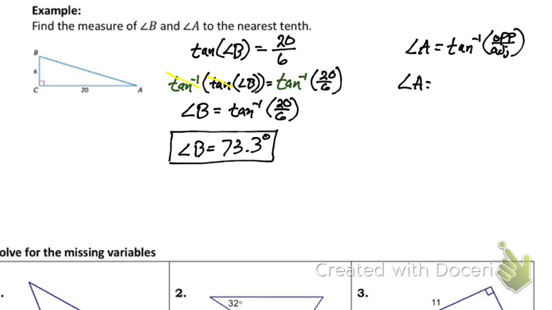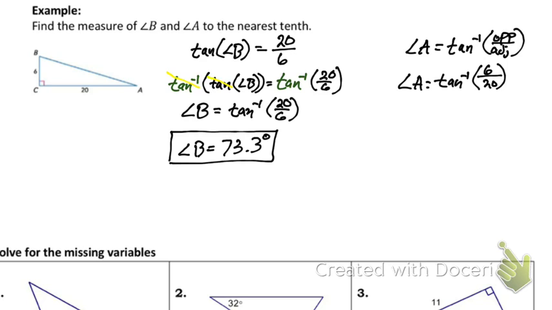So angle A would equal tan inverse of, I'm sorry, we're doing angle A now, so 6 over 20. Either one of these methods is fine. I find more people tend to do this one later down the road because they forget what inverse is and have to do the full operation. But it's okay to recognize that if I'm looking for an angle, I'm just doing tan inverse of the two sides.